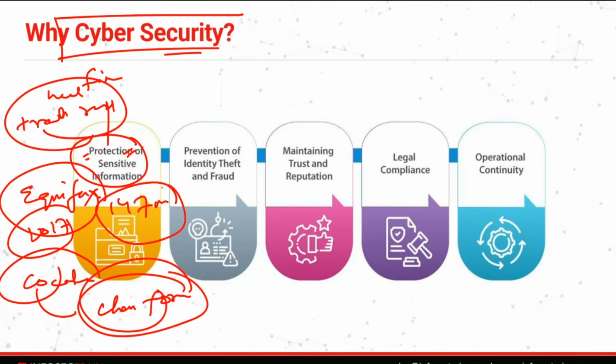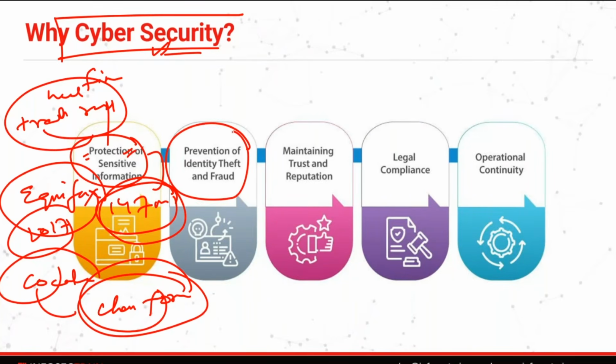That was a huge blow to that organization. Trust was gone, reputation was gone. Also, attackers can use those customer credit card details to impersonate the customer, maybe to perform some fraudulent activity. That is why cybersecurity is very important.